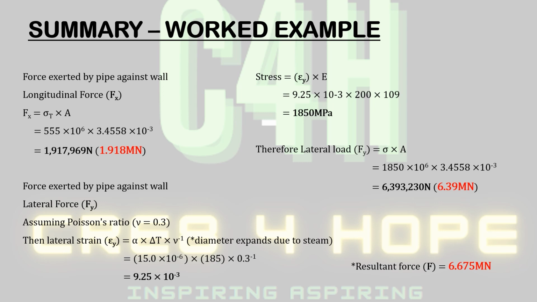By knowing that, we can then calculate the lateral load. That will be Fy, and that will be equal to the lateral stress times the cross-sectional area. We calculated this lateral stress to be 1,850 times 10 to the power 6 times the cross-sectional area, which measured at 3.4558 times 10 to the power minus 3, and that gives a lateral force of 6.39 meganewtons.